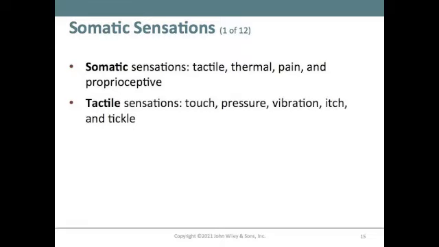Other tactile sensations, such as itch and tickle, are detected by free nerve endings attached to small diameter unmyelinated C fibers. Recall that the larger diameter myelinated axons propagate nerve impulses more rapidly than do the smaller diameter unmyelinated axons.